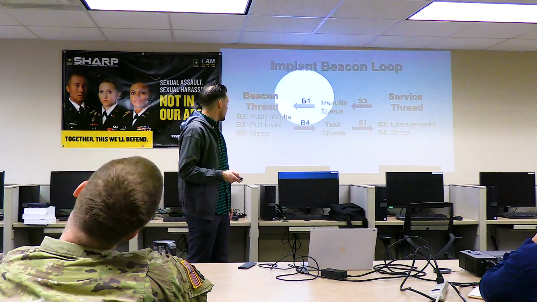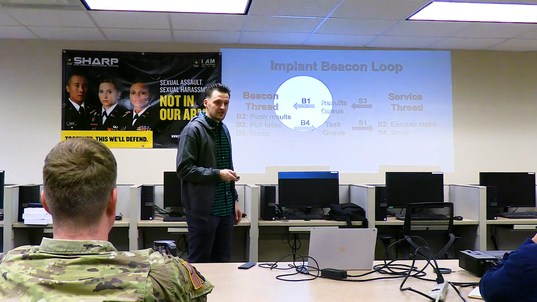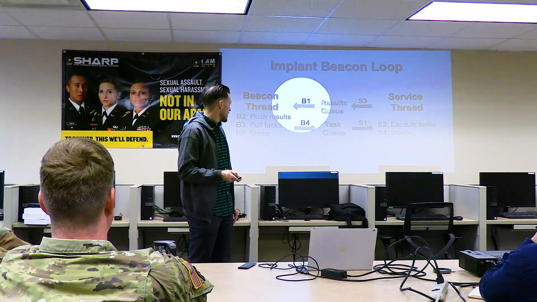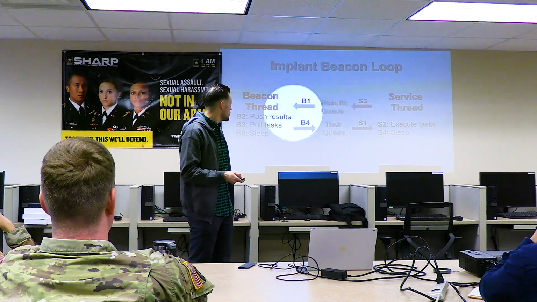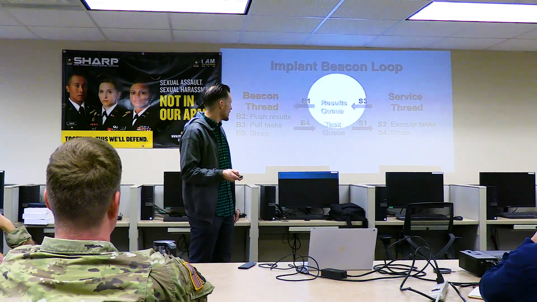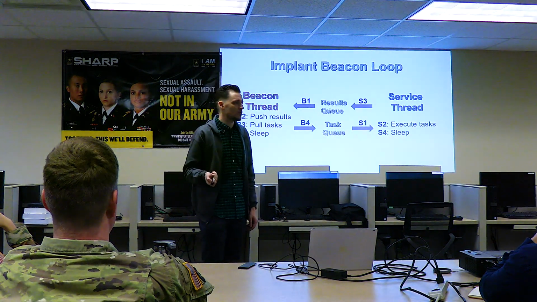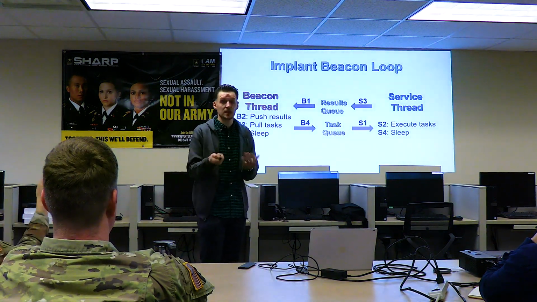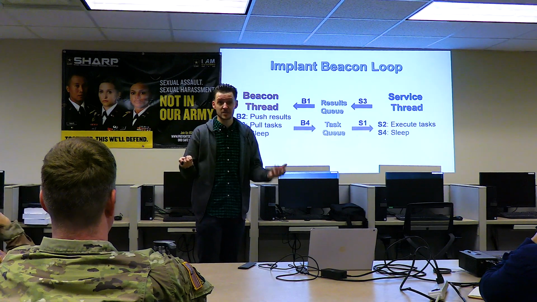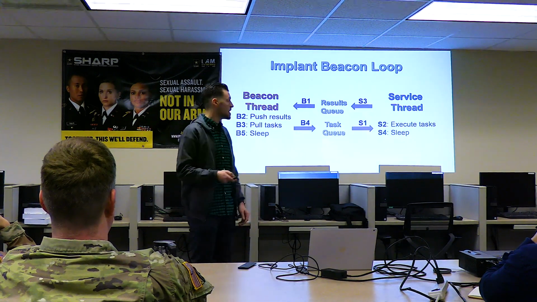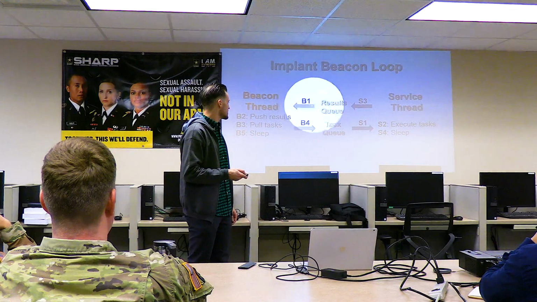So for the beacon thread, the prefix B indicates which thread is doing what step. B1 is pulling results from a results queue. We'll talk about what this data structure is, but it's basically a thread-safe repository for the results. So it'll pull those, that's the first step.